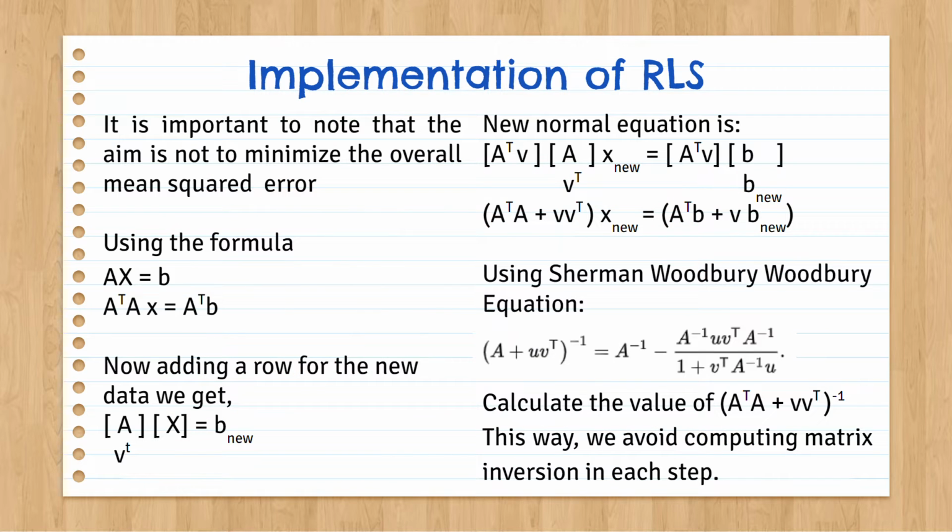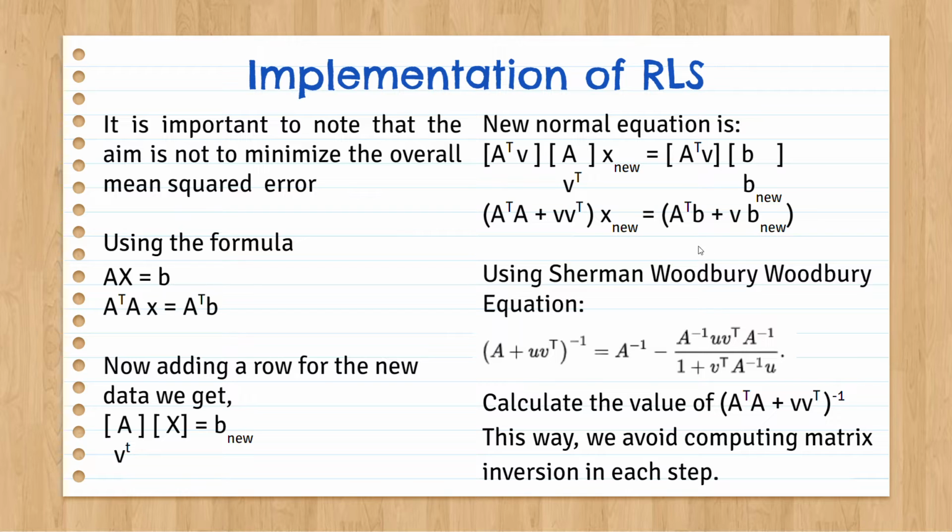Let's have a look at the implementation of recursive least squares. It is important to note that the aim is not to minimize the overall mean square error. We are using the following formula: AX is equal to B, which can also be written as A transpose A times X is equal to A transpose B. Now we are adding the new data as a row in our matrix, which helps us convert X into X new, and we get the following formula.